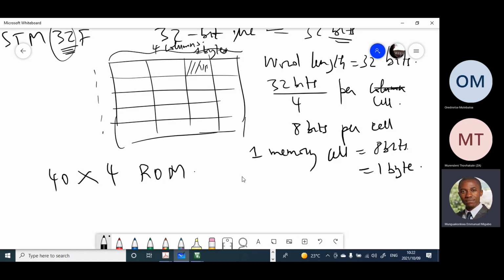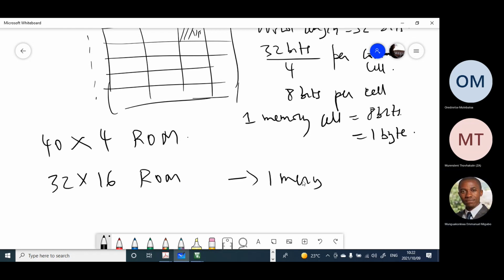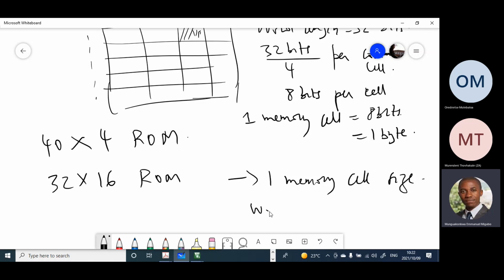Yes. So if I say now this device is actually a 32 by 16 ROM or RAM, what would be the memory cell size? It will be 2 columns then. Cell size will be how much? Considering, of course, that the word length, which is the number of columns, is still 32 bits, but we've got 16 columns, as you can see.